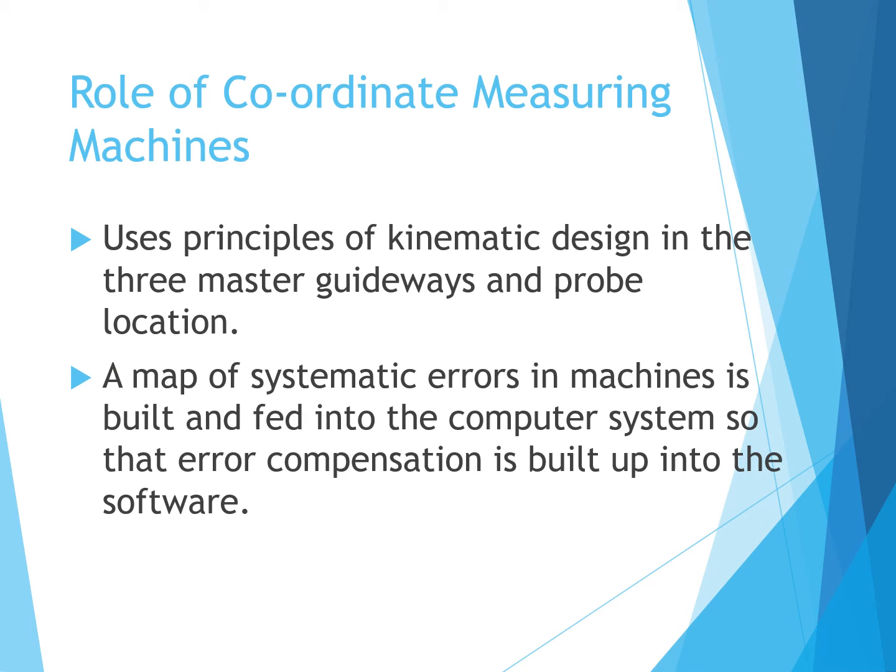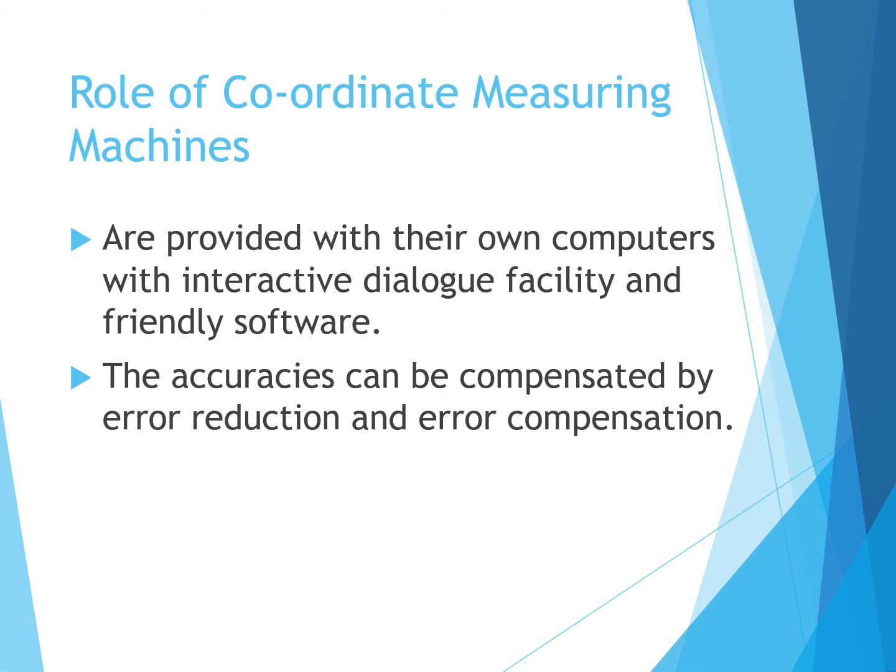Then a map of systematic errors in machines is built and fed into the computer system so that error compensation is built into the software. So if there is any error, compensation has been taken care of in this device. Next rule, these CMMs are provided with their own computers with interactive dialog facility and user-friendly software.